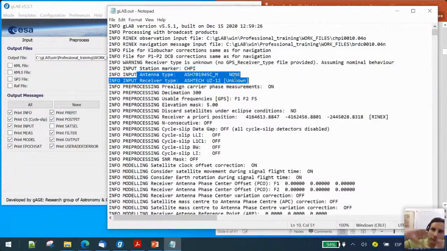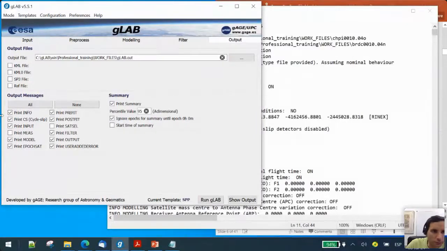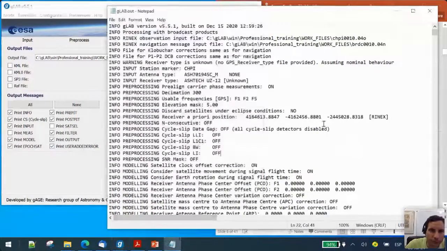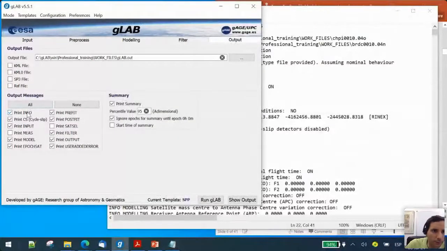This is an informative section. This is related to the output messages you see here in the tool, and these are all of the messages that are being displayed in the output file. So the first group is the info.